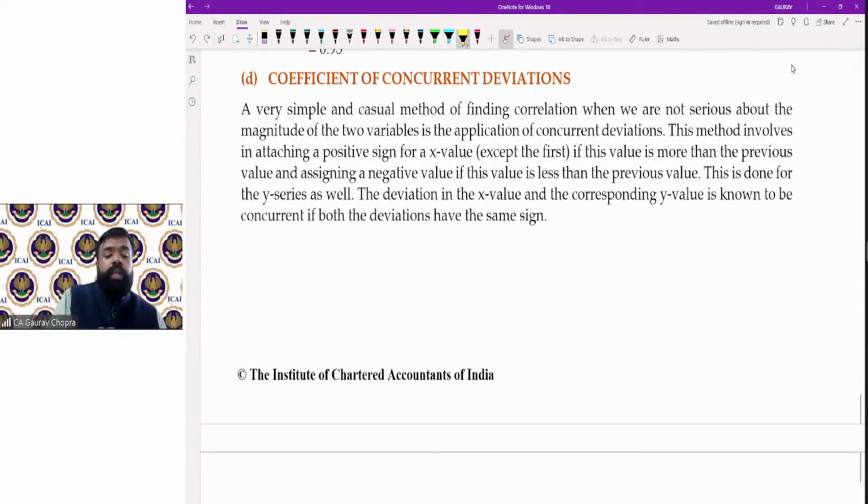Concurrent deviation is a very simple method and it is used when we are not serious about the magnitude. मतलब दो वेरिएबल में कितना चेंज हुआ है उससे हमें कोई मतलब नहीं. सिर्फ हम क्या देखते हैं? चेंज कौन सी डायरेक्शन में हुआ है, whether it is increase or decrease, positive or negative. सिर्फ उतना ही जो हमें चेक करना है. Then we use concurrent deviation method.